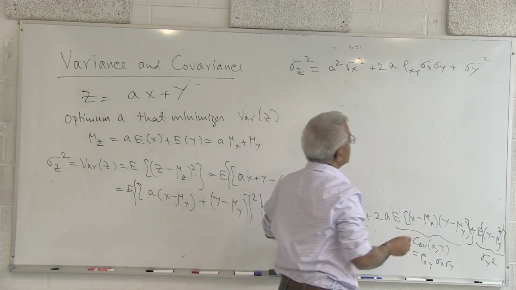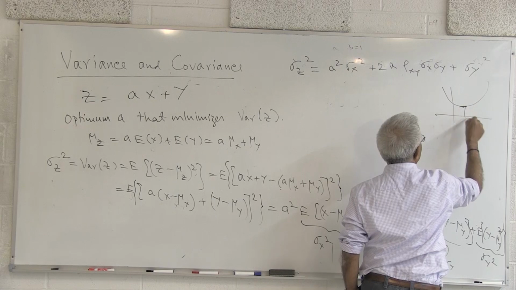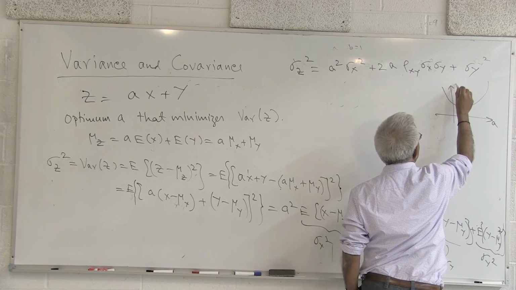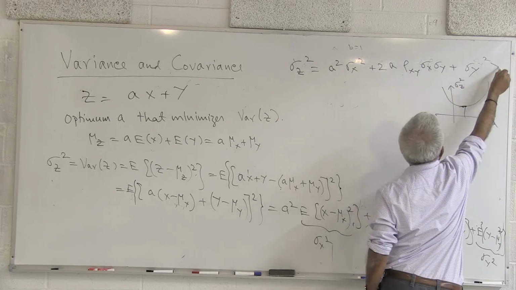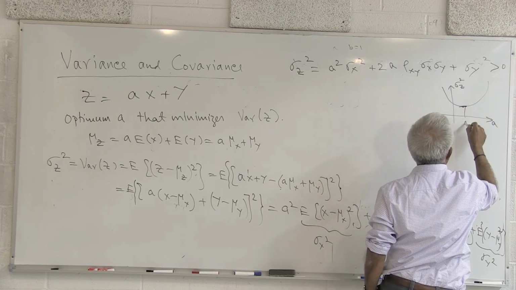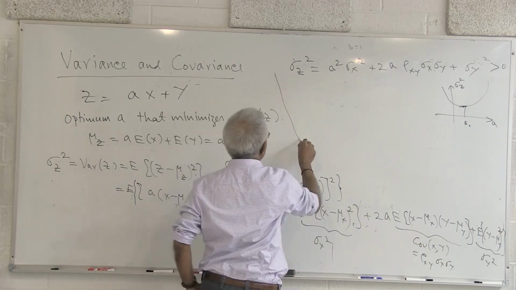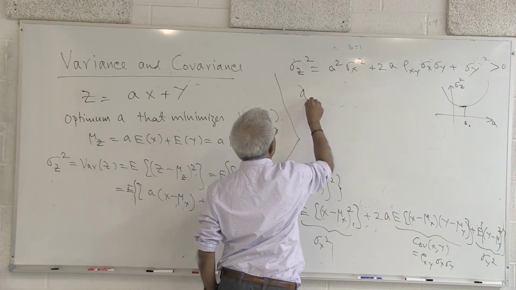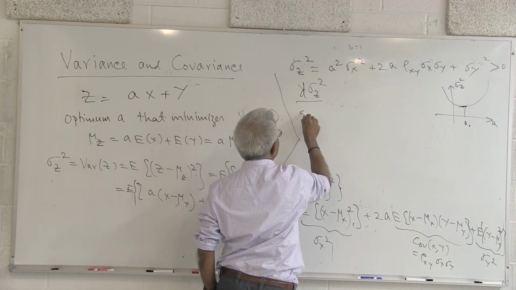So we want to notice that this is a positive quantity and a quadratic. If you plot this as a function of a, it's a positive quantity, and we are looking for this a. So we can take the derivative of this quantity with respect to a.